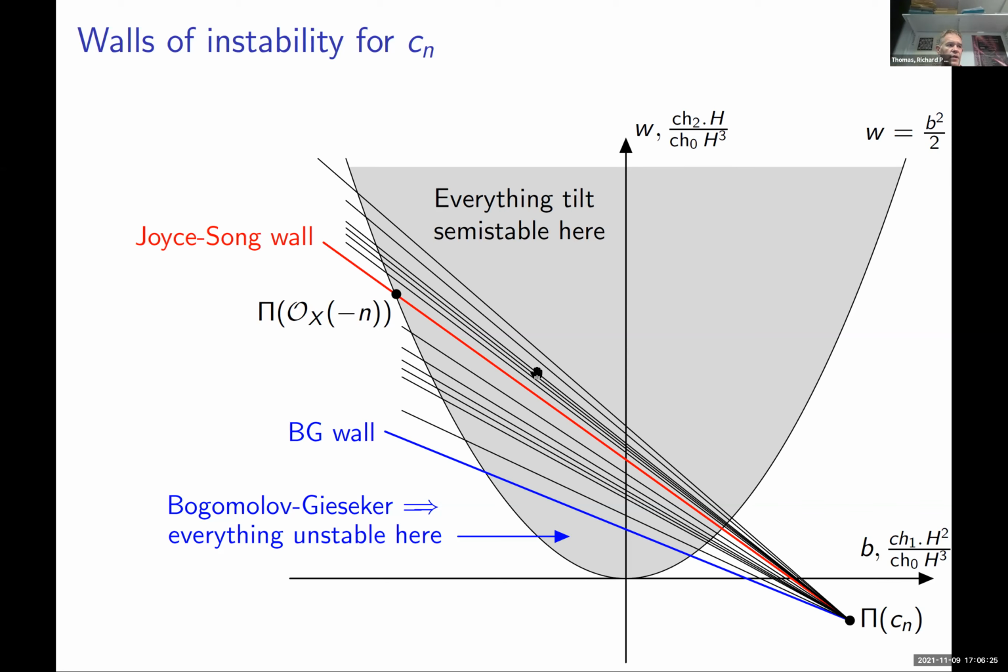So it's the kind of thing that Ed Segal does, right? It would be like an LG model. You do a birational transformation on the ambient space, but then when you take the critical locus of the LG functional, you needn't get a birational transformation.